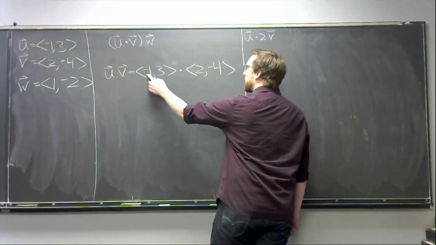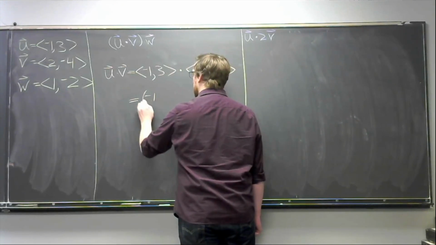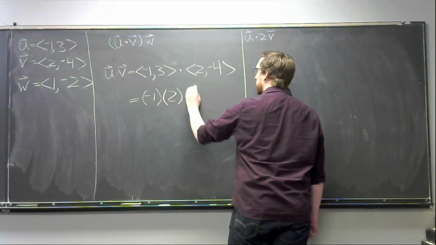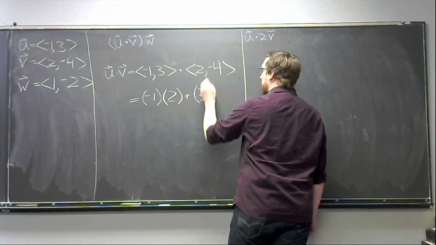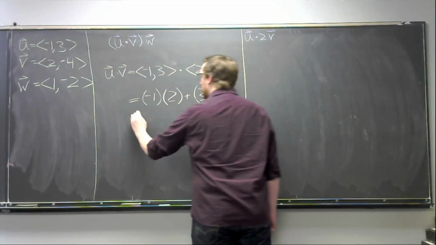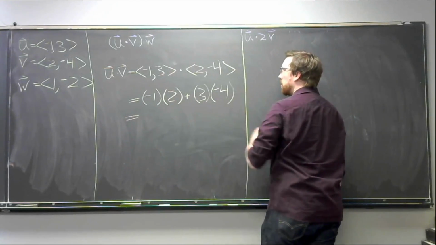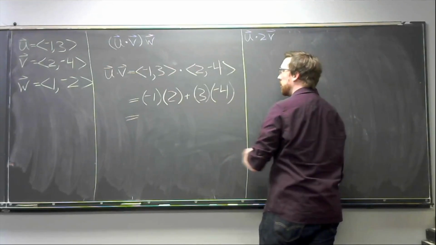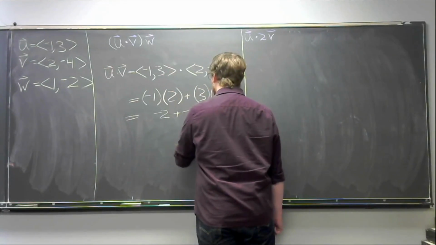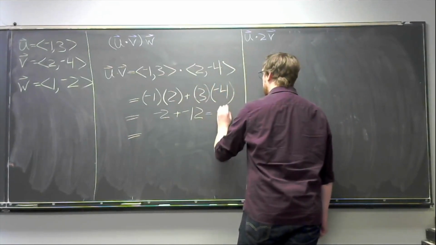So this is going to be 2 times -1 plus 3 times -4, which is going to come out to be negative 2 plus negative 12. That's going to come out to be negative 14.